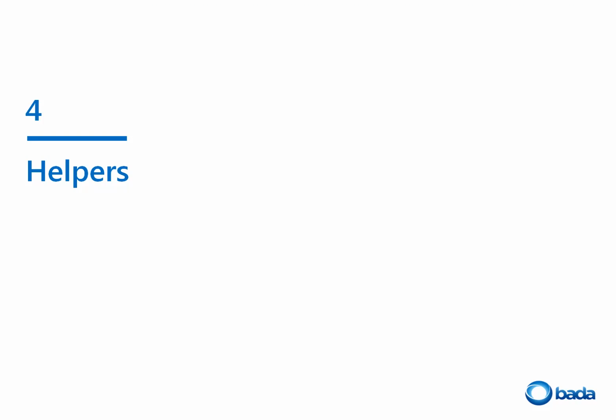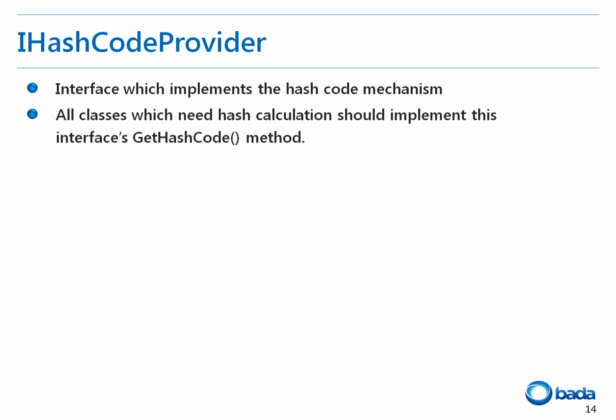In the next few slides, I'll discuss a few important helper classes. All the concrete classes in the Collection namespace use these helper classes to provide functionalities such as sorting and generating hash codes. The IHashCodeProvider interface provides the hash code for a specific type of object. All classes which need hash calculations should implement this interface's GetHashCode method.